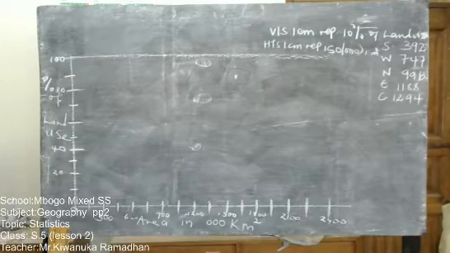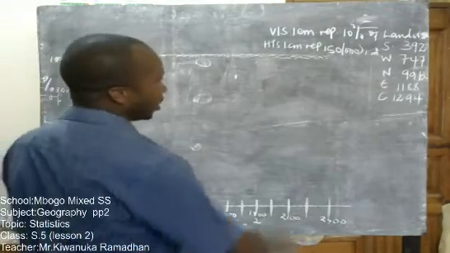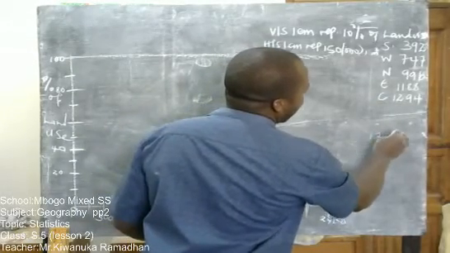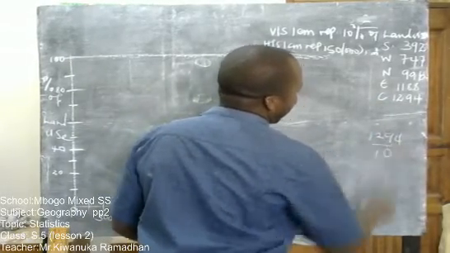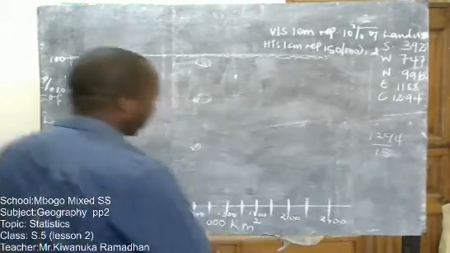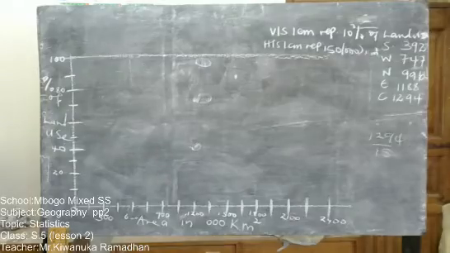We can adjust the scale because 1294 when divided by 15, let us use 15 such that the horizontal is more than 10.